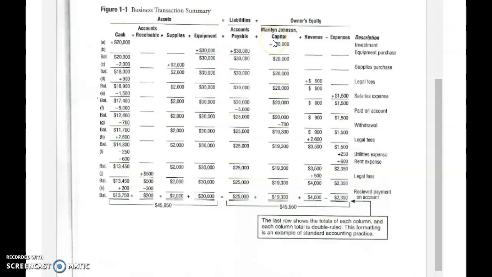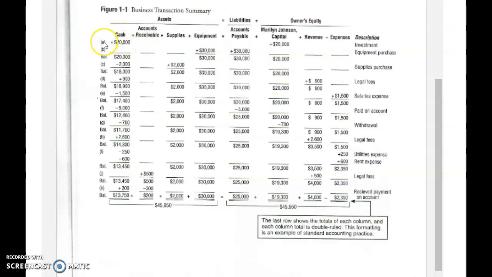Now your owner's equity here is your capital account plus any revenue minus any expenses. So we're going to take some transactions today and we are going to display them in an expanded accounting equation form.